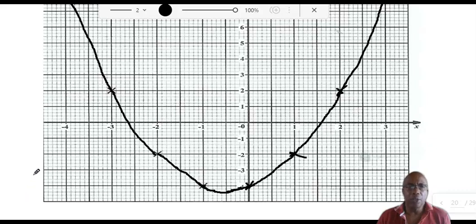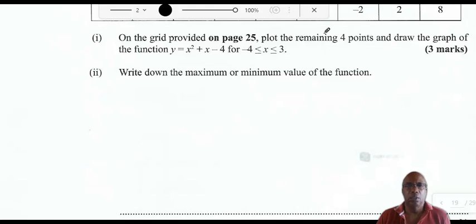So let us go back to the question to see what else we have been asked. We have drawn the graph, and we have now been asked in part 2 to write down the maximum or the minimum value of the function.